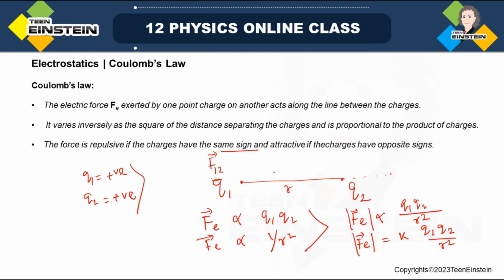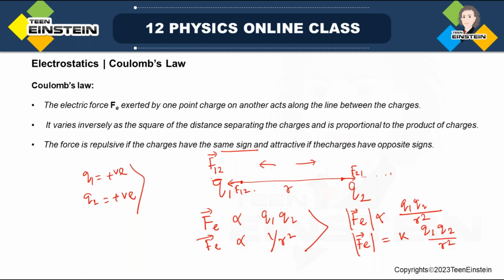Since it is a repulsive force, the force on Q1 due to Q2 will be just a pushing force, pushing in this way. So this is the force F12. If I ask the opposite, the force on Q2 due to Q1, this is F12 and on this side it will be F21. You can see the directions of the forces are just opposite because these are repulsive forces. So same sign, repulsive force.